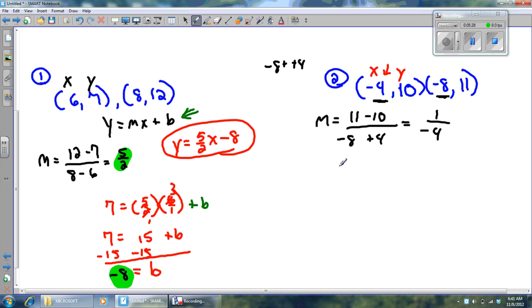And so I will take y equals mx plus b. B is going to be the variable that I'm solving for. Y is going to be 10. M is negative 1/4.